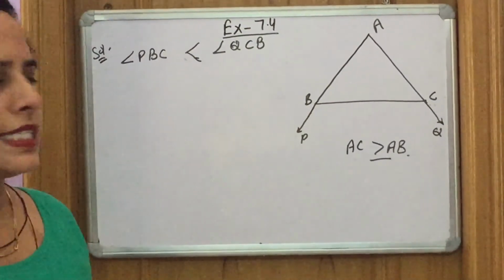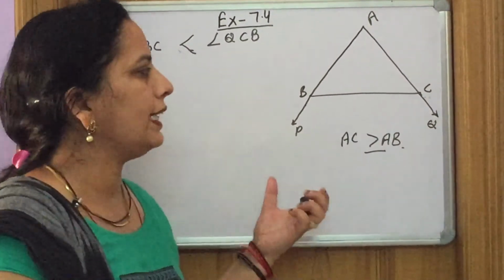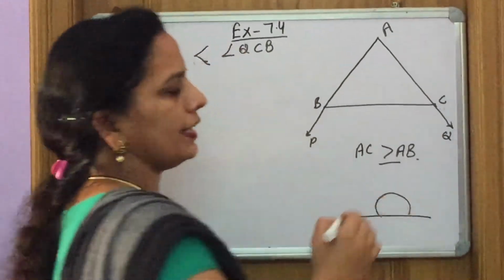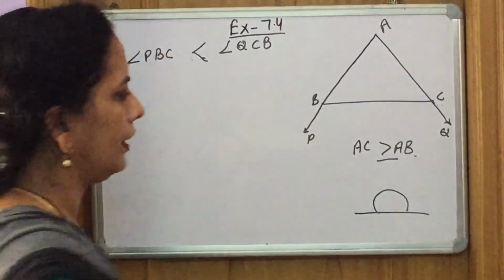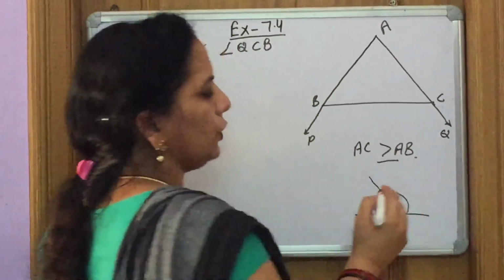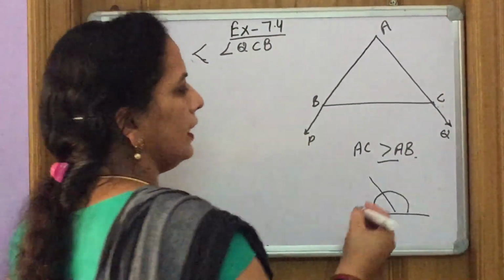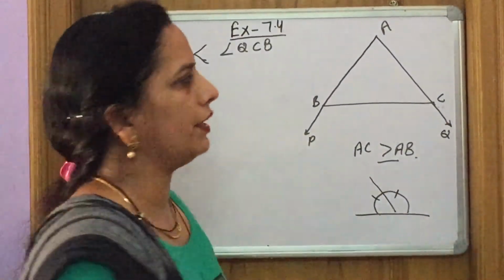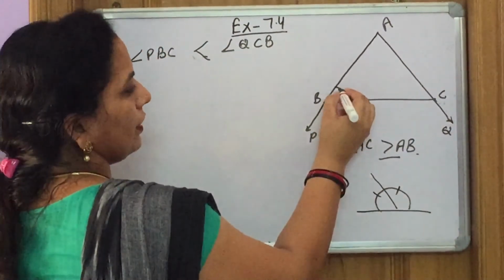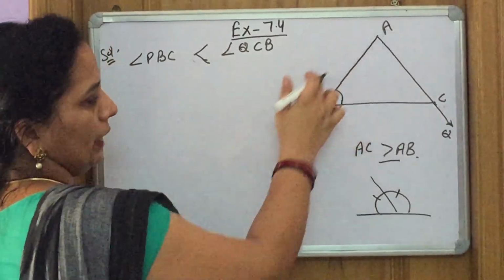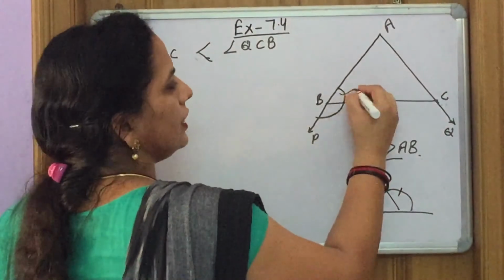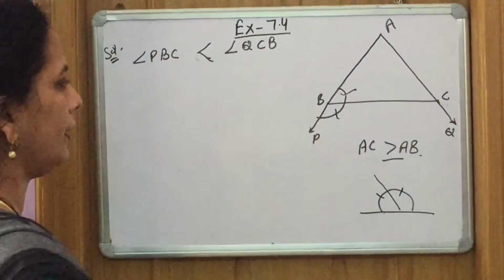Let's start the question. How can we start that? In a straight line, as we know, there is an angle of 180 degrees. If we divide this angle into two parts, the sum of these two angles is still 180 degrees. AP is a straight line, so we can say that the sum of these two angles is 180 degrees.